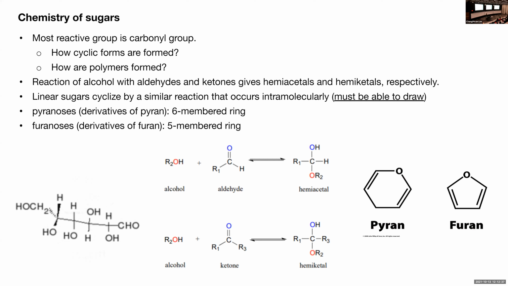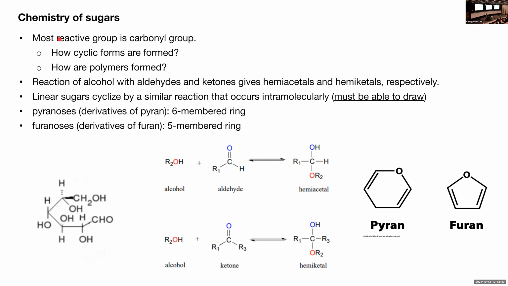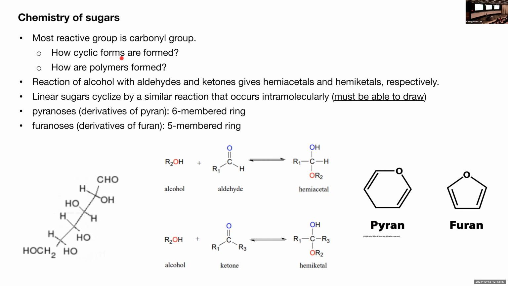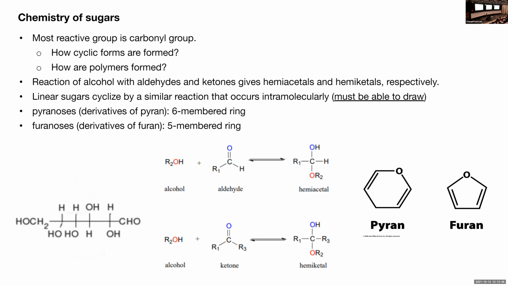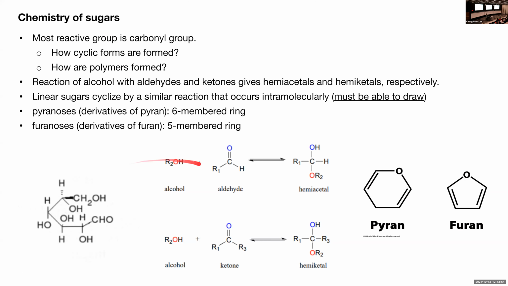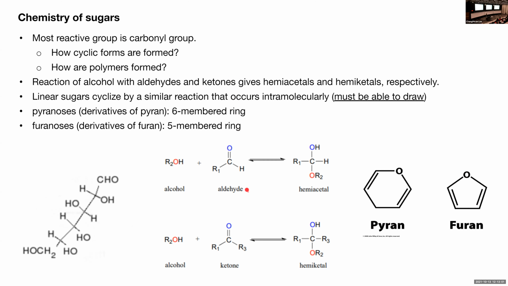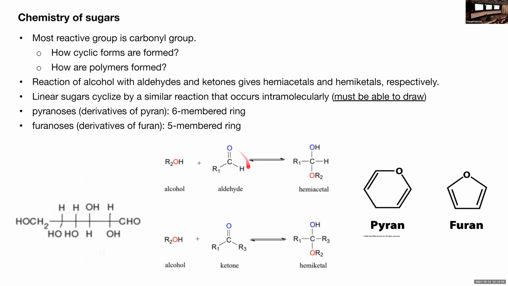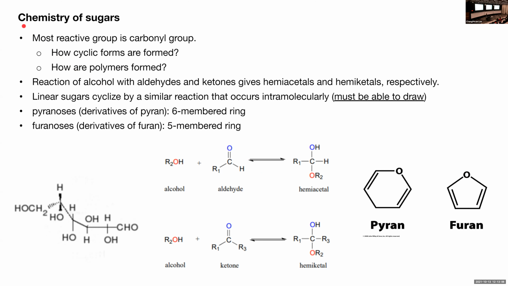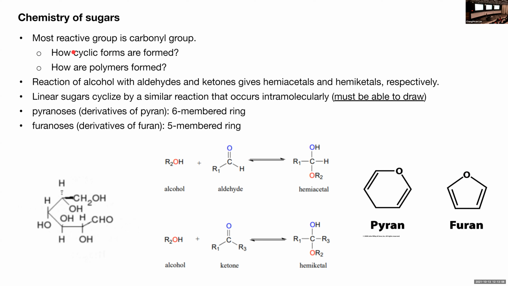All right, so let's delve into more chemical properties of the sugars. So far we talked about the monosaccharides, which are the same as a simple sugar, just one molecule of sugar. In a sugar, the most reactive group is the carbonyl group, the aldehyde, with a CHO moiety right here. That tells how the cyclic form and the polymer are formed.